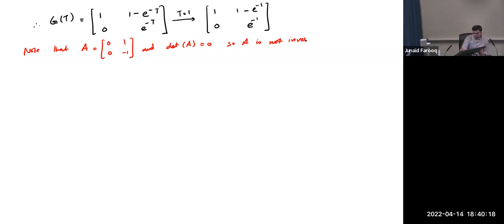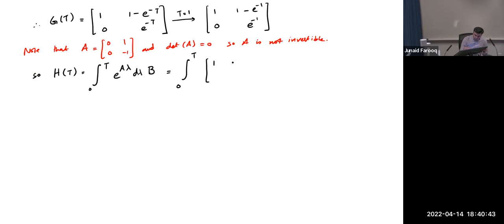So we cannot simply use the nice formula for the H matrix. It has to be computed from first principles. So H of T is the integral from 0 to capital T of e to the power A lambda d lambda times B. So we already have the e to the power A lambda, which will be 1, 1 minus e to the power minus lambda.